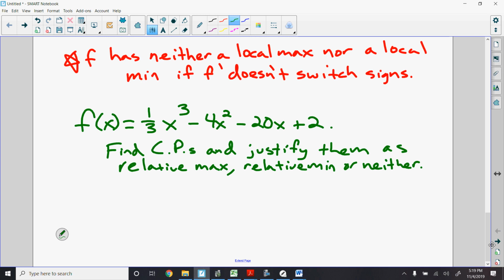Now, this process is going to be very similar to the process of determining where f is increasing or decreasing. In fact, if we also had that question, we could answer it very easily with the work that we're going to do here. So, first thing I have to do is find critical points. So I have to find f prime of x and determine where it equals 0, or determine if there are any places where f prime is undefined.